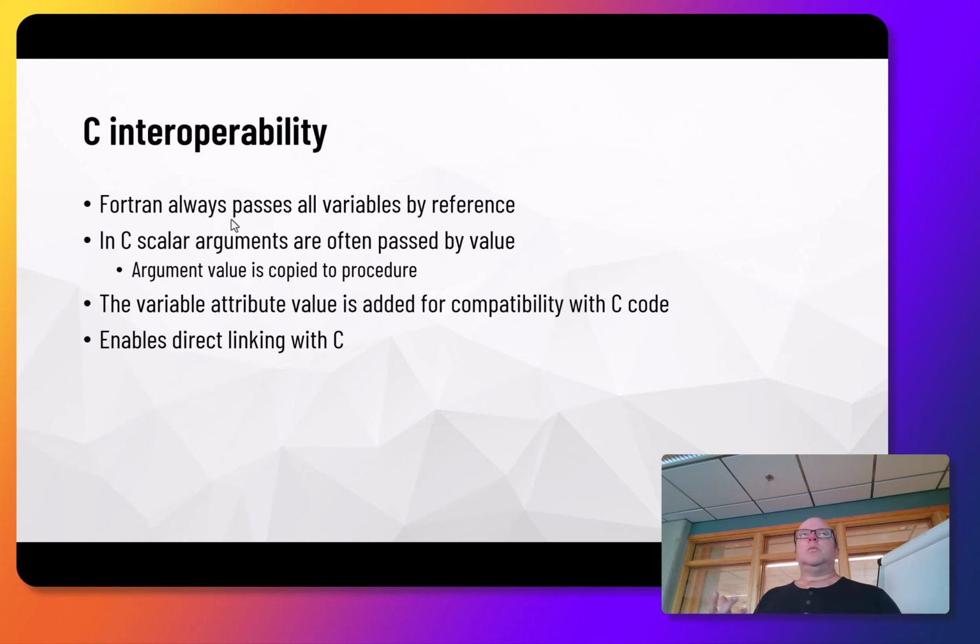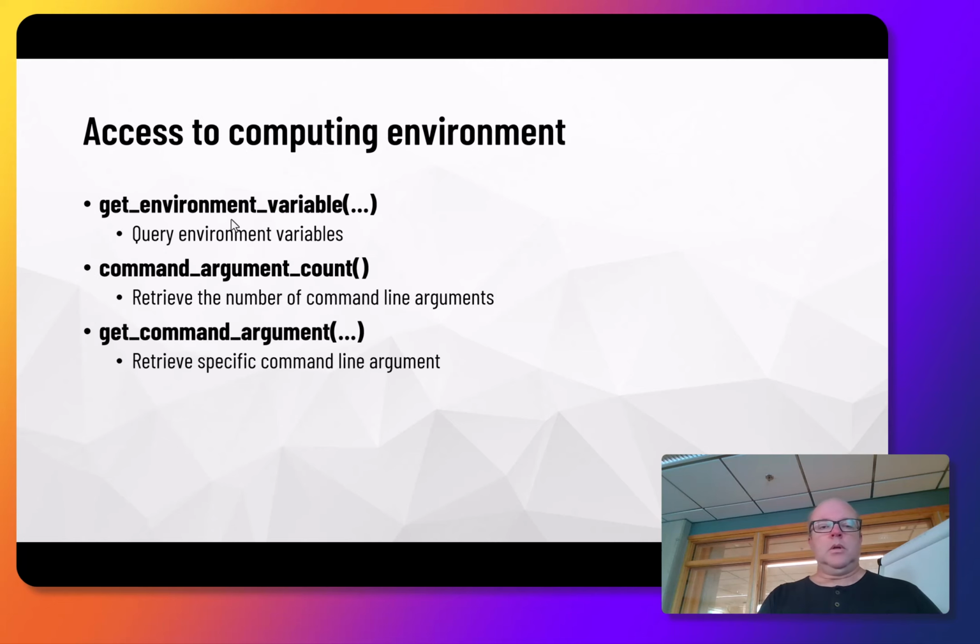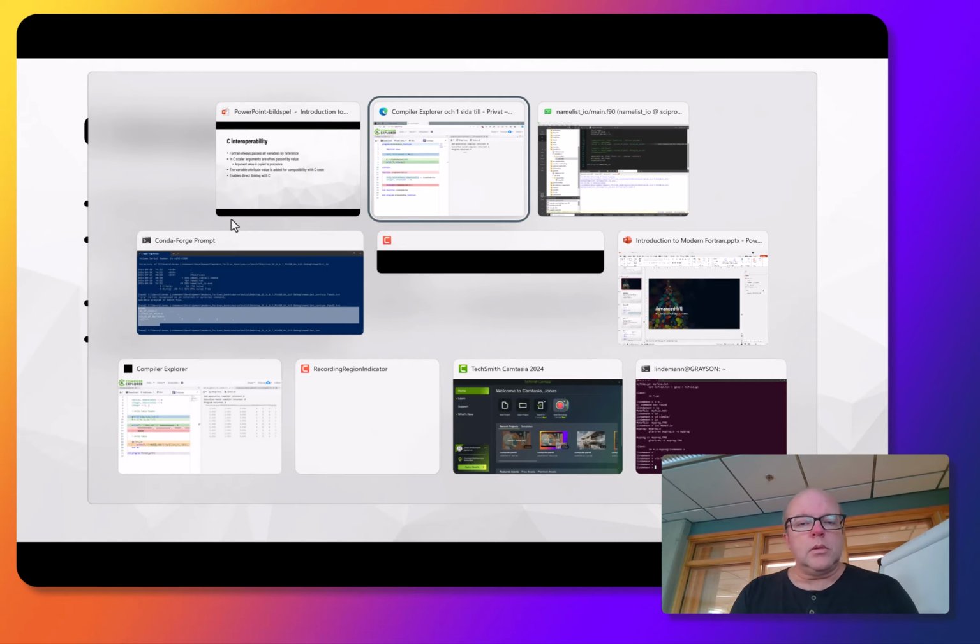Another thing that also comes with this module is that in Fortran, everything is passed by reference. And in C, scalars are passed by value, arrays are passed by reference. There wasn't a way of doing that in Fortran before. So in Fortran, you couldn't declare a subroutine with variables passed by value, the parameters or arguments. But in modern Fortran, you can do that. You can add an attribute to your variable declaration called value, which means that you can link directly with C. I didn't have an example here.